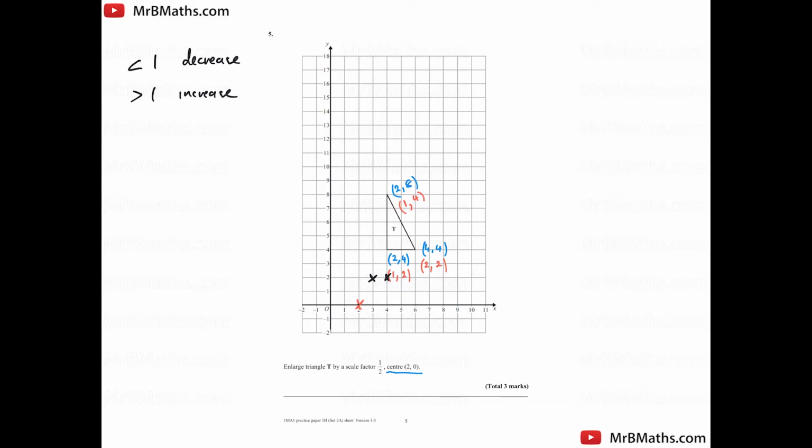Okay, and this one up here is 1, 4. So 1 away from 2, 0, and 4 up. If I connect that up now, there's my new triangle position.